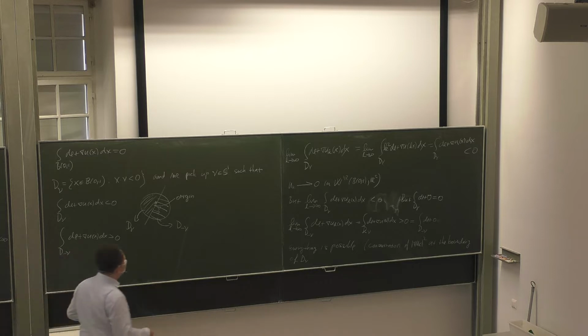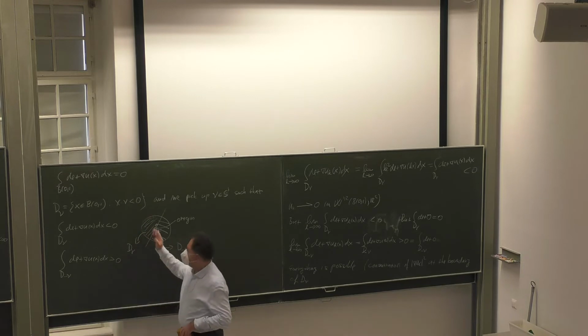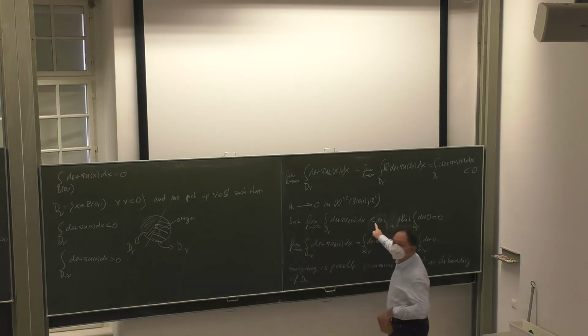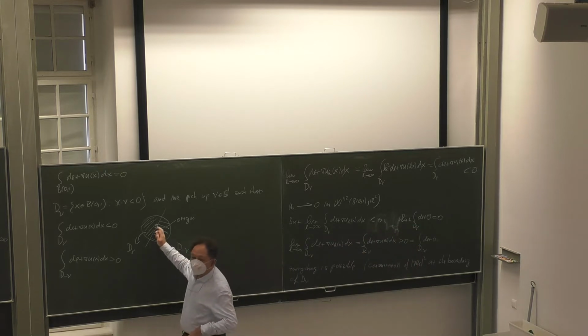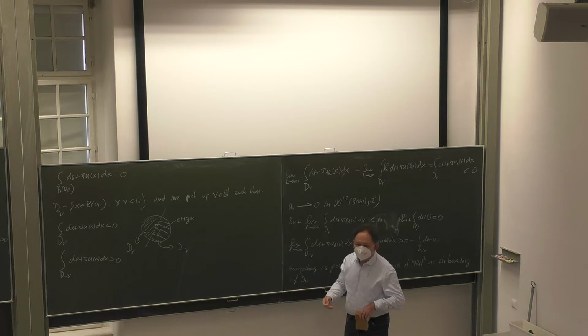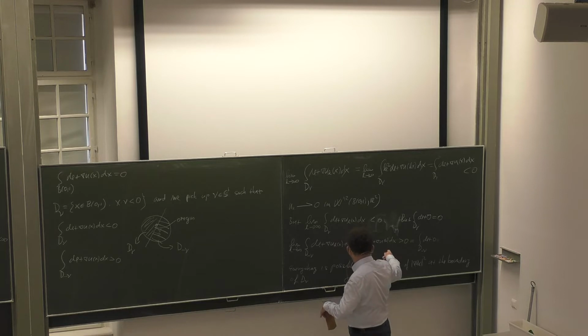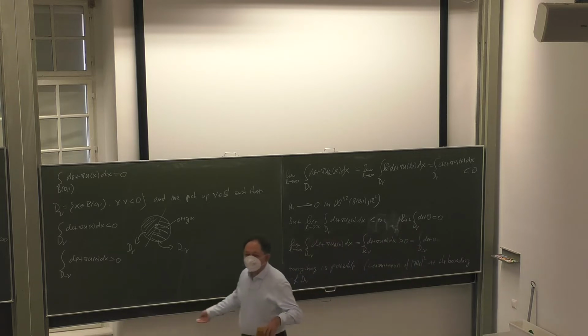For example, that if you have a sequence like this, on this half ball where you have this concentration, so the case 1 happens, then you cannot extend your sequence to the other side of the ball in such a way that the second power of the modulus is equiintegrable. Because if this would be the case, then I would get 0 here, and then on the whole ball, I wouldn't get 0 for the integral.